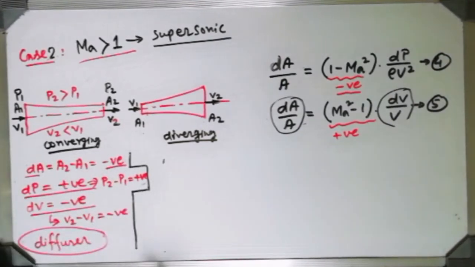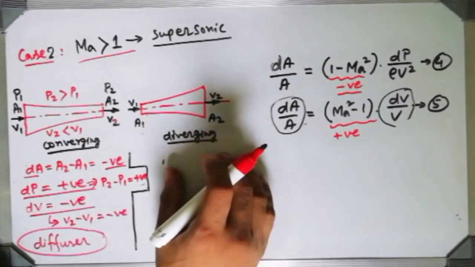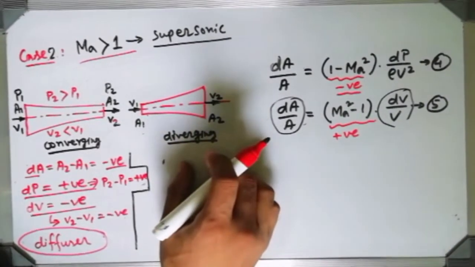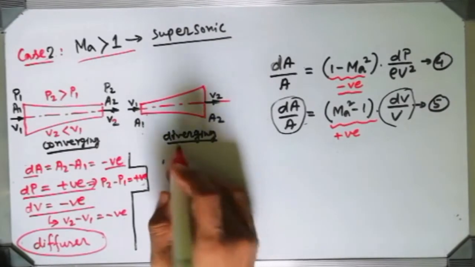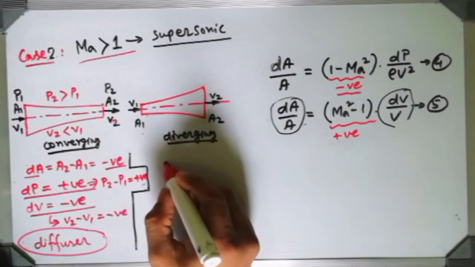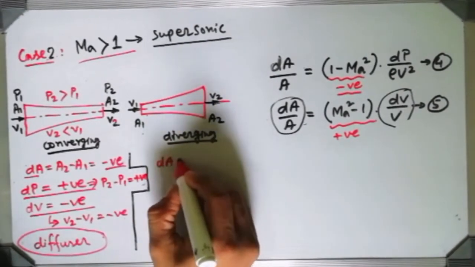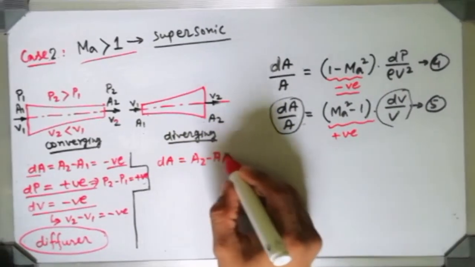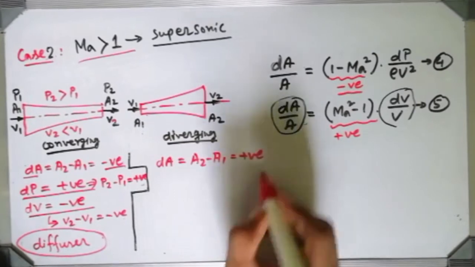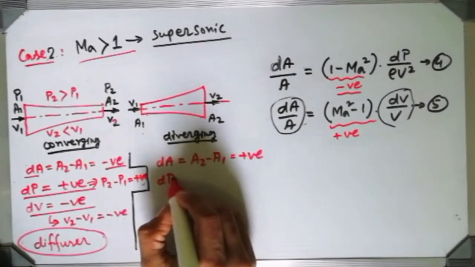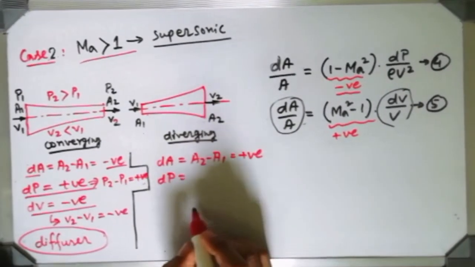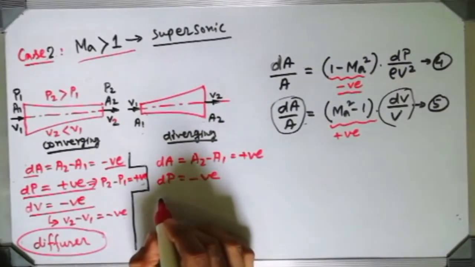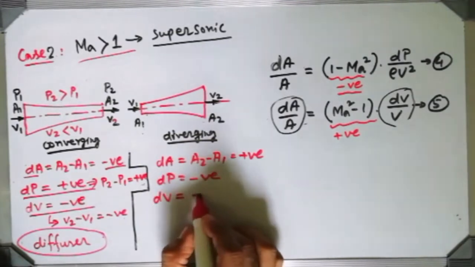And if you do the same thing for the diverging part, what will happen? See, dA is A2 minus A1, so A2 is bigger, so it will give you a positive value. Now the change in pressure will be negative because they are acting oppositely, and dV will be positive.